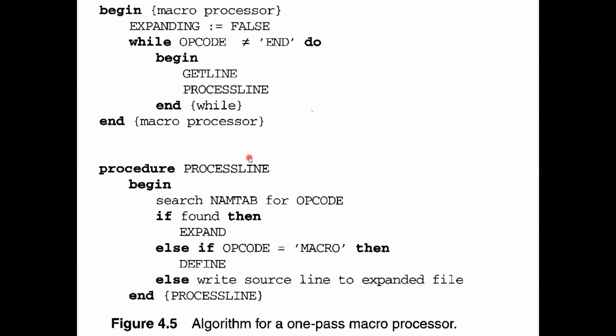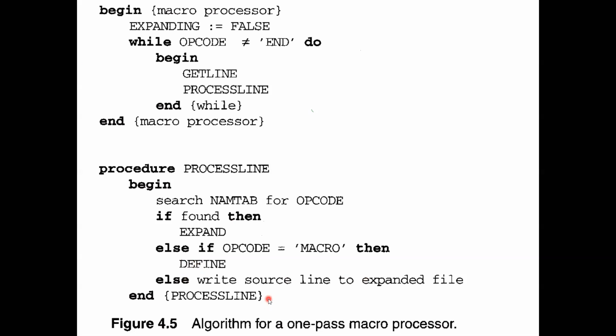So what are we doing then for process line? For process line, we're going to search the name tab for opcode. Pretty straightforward, right? If there's an opcode, then found is true, and we do an expand. Otherwise, opcode is going to get macro. We're going to test to see if opcode is equal to macro, and if it is, we're then going to define it.